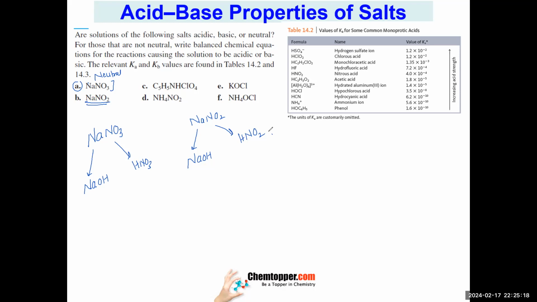Okay, next one. This is the anion. This is the cation.